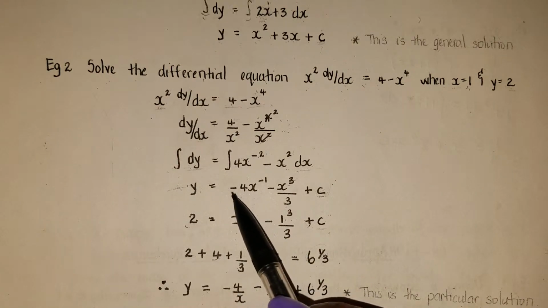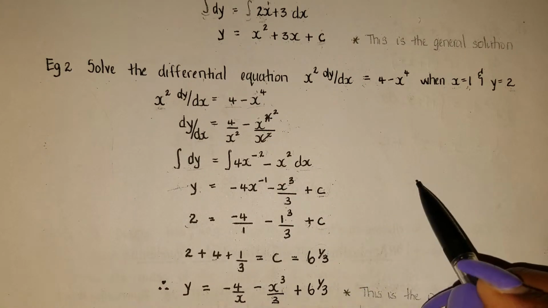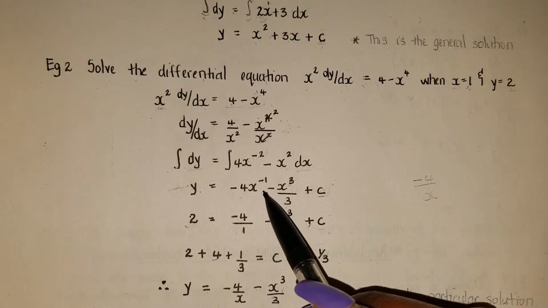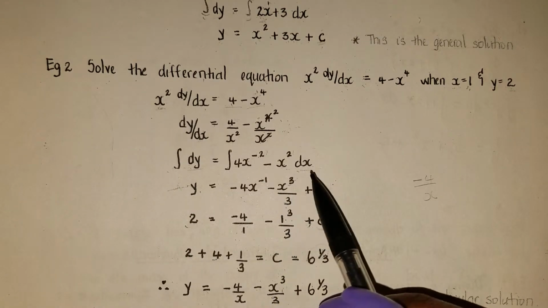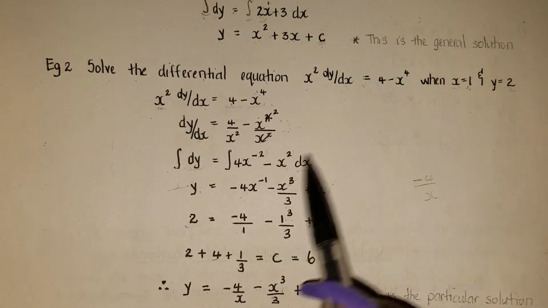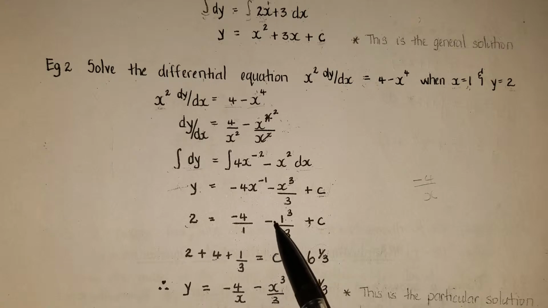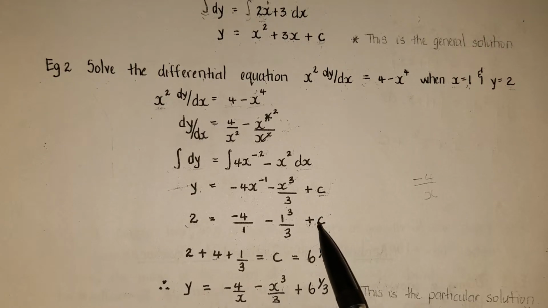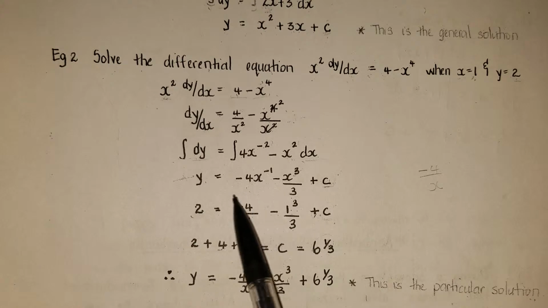Now, negative 4 x raised to negative 1 can be rewritten as negative 4 over x, as this x gets brought down to its positive. And now we can plug in our 1. So it becomes negative 4 over 1 minus 1 cubed over 3, plus c. We're solving for c, so we're going to take both these values to the opposite side.